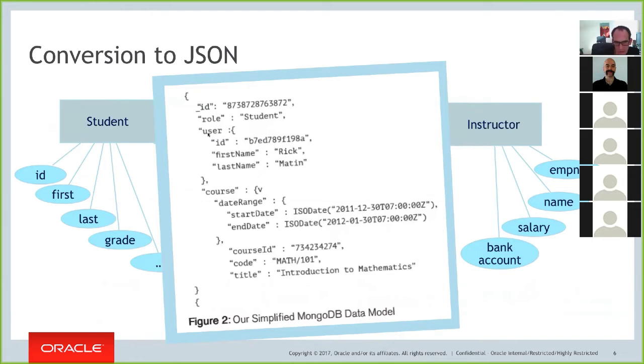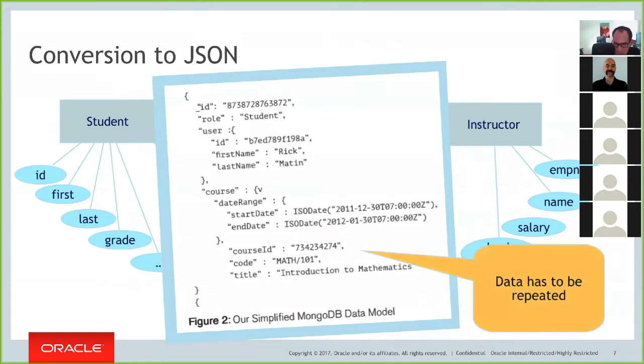In this case, there is a JSON for the person, and a person's role is either student or teacher. And then under this person, you have the course. In this example, it's introduction to mathematics, and for the course, you have the start date and the end date. So here we have not kept these entities separate, but instead we mingled them together in one JSON hierarchy.